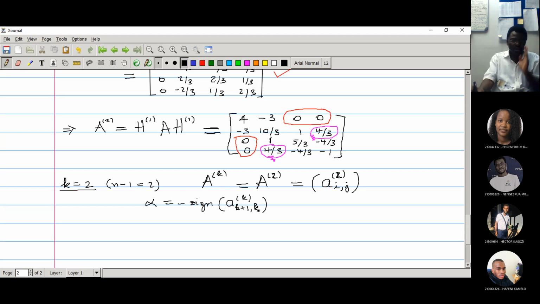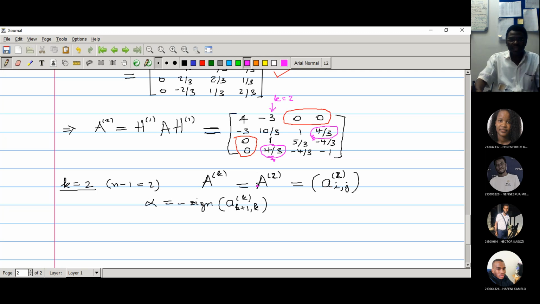That is the second column, the column where we want to zero the entry. So we want to zero here in the second column. K equal to 2. That is the key. Second column here. So we are here.